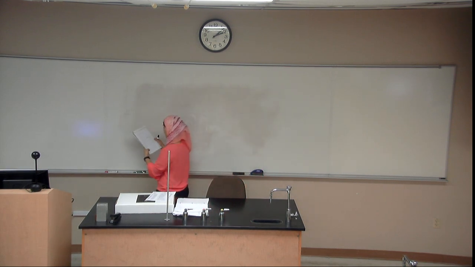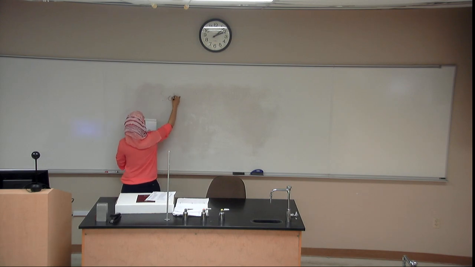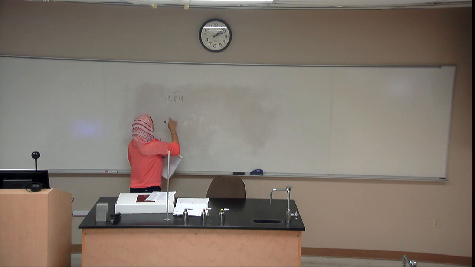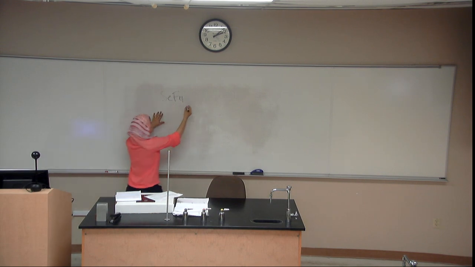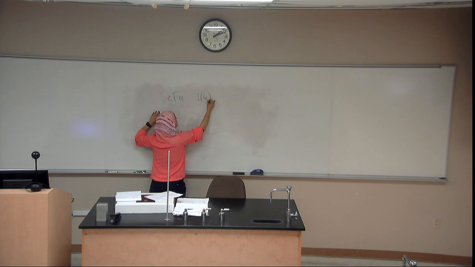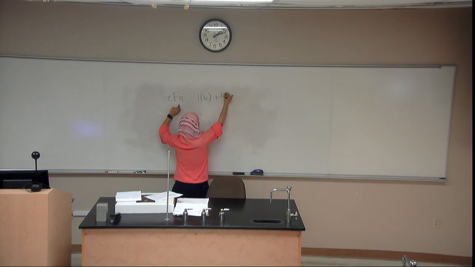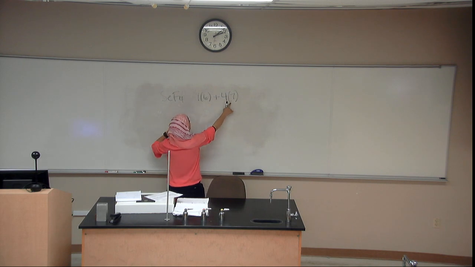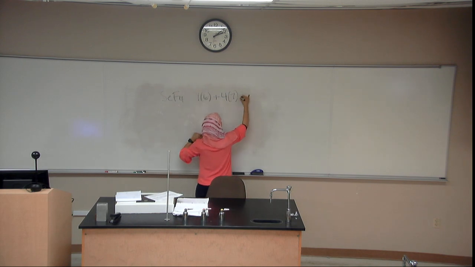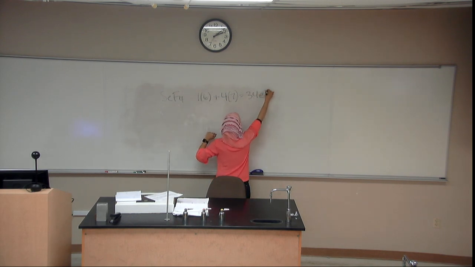We have SeF4. Selenium, guys, is in group what? It is in group 6A, right under sulfur. So we have 1 selenium at 6 valence electrons, plus 4 fluorines at 7 valence electrons, 28 plus 6 is 34 electrons.